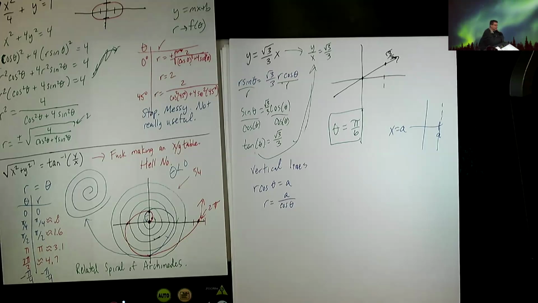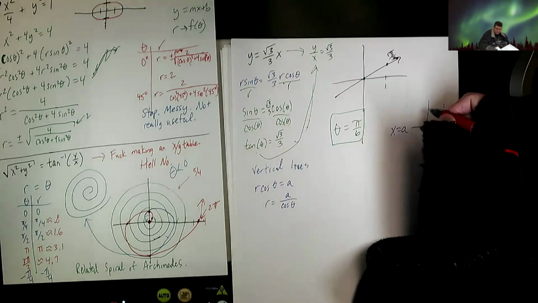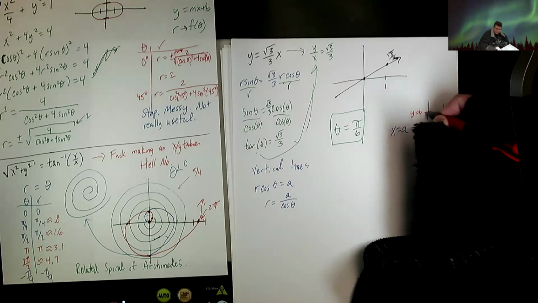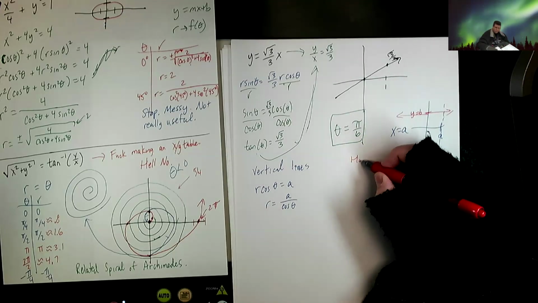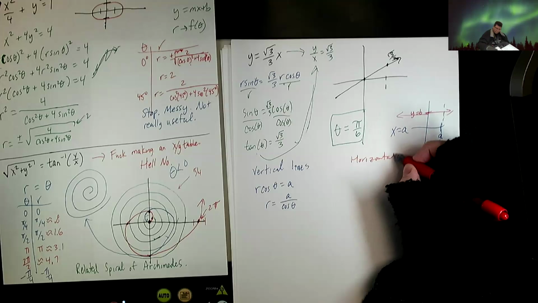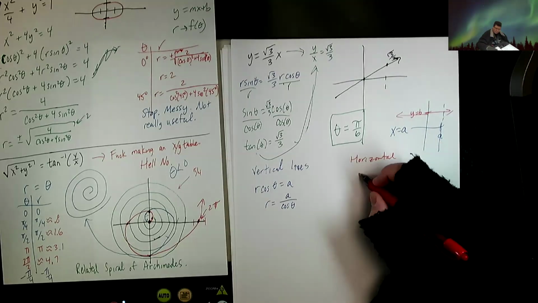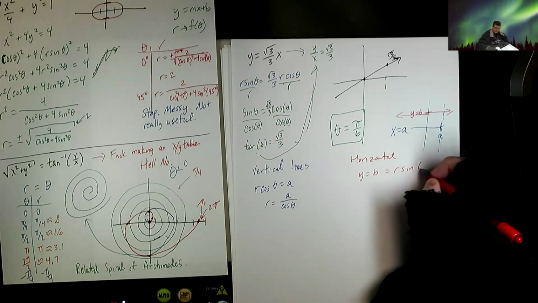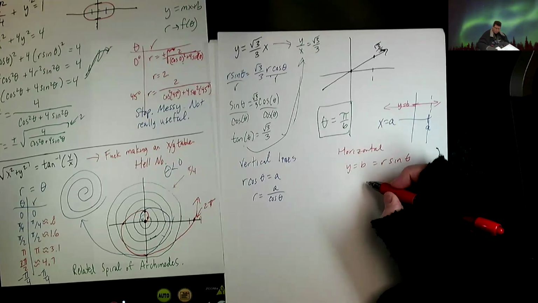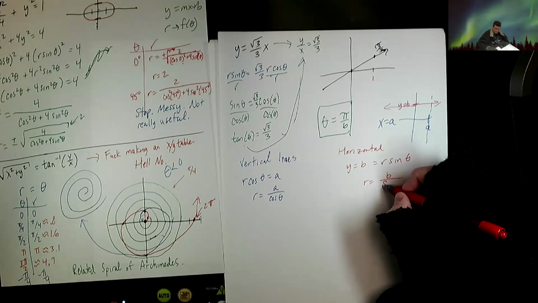If I had the horizontal line like y equals b, r sine theta equals b. So r equals b over sine theta.